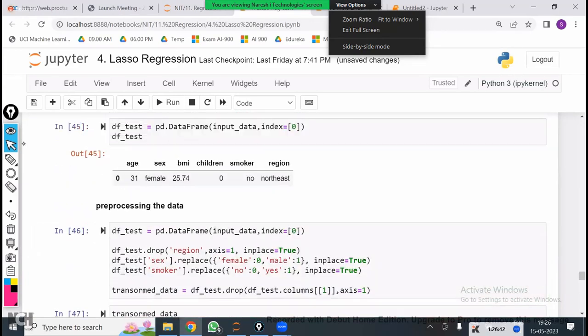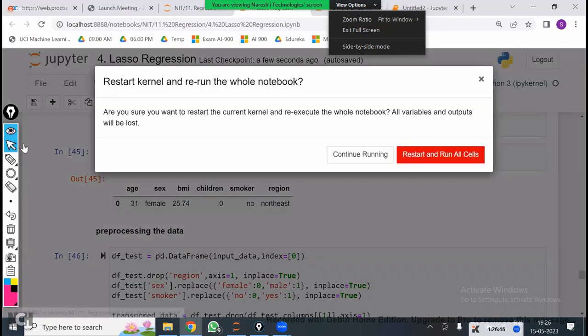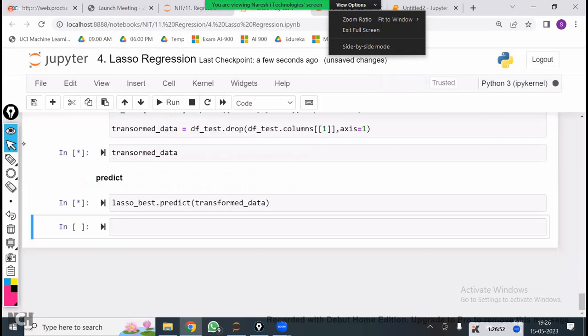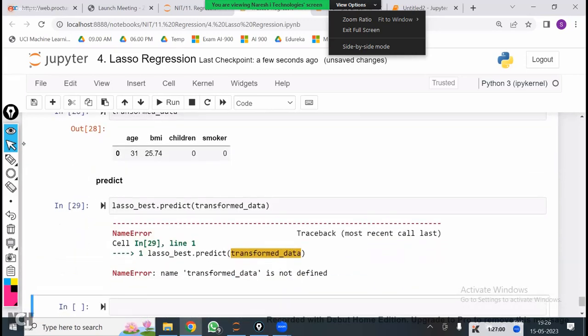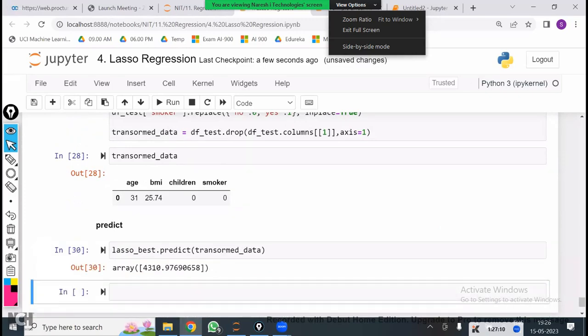Okay. Example. If you want to see the answer, let us do this one. Restart and run all. Okay, here, what is the spelling? Okay, done.